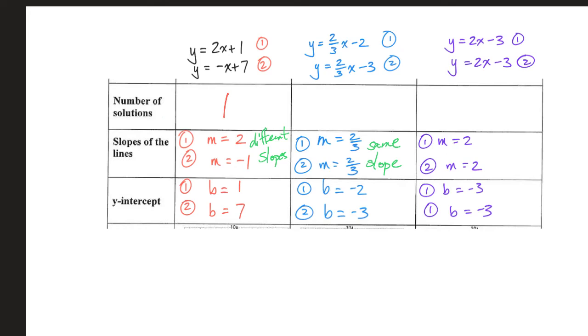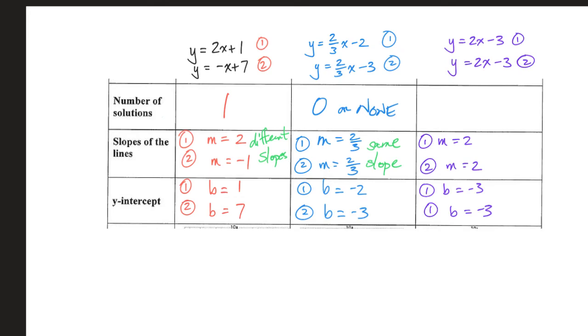It means that they're parallel. Okay, so how many times do parallel lines cross? How many times would parallel lines intersect? And I'm hoping that we got to 0 as my number of solutions, or you could write that there's none. There are no solutions to that system. Nice.